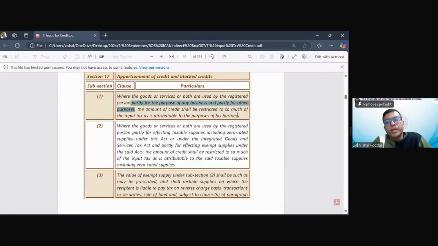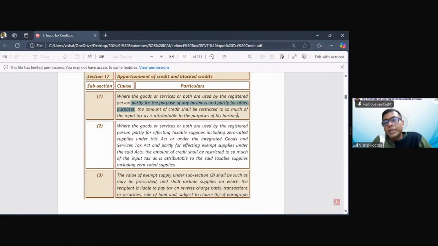I'll give you a very simple example. The laptop which I'm using right now for doing this particular Zoom meeting, this laptop is purchased by me and I have taken the complete ITC of this laptop. However, besides my professional work, I'm also using this laptop for my personal entertainment purposes or for my personal social media purposes.